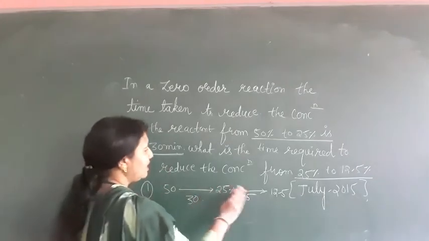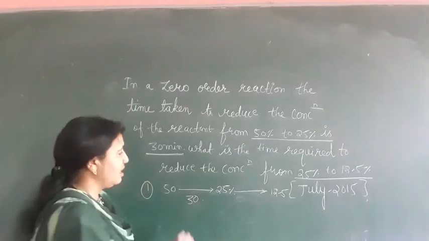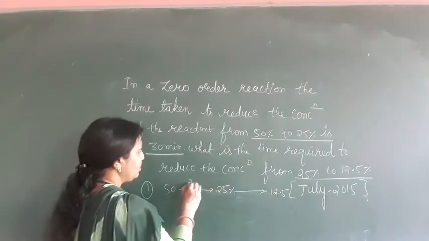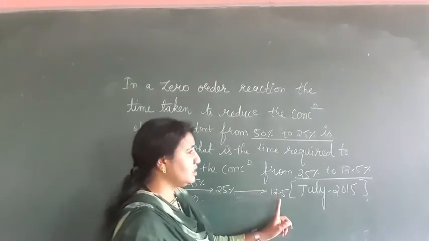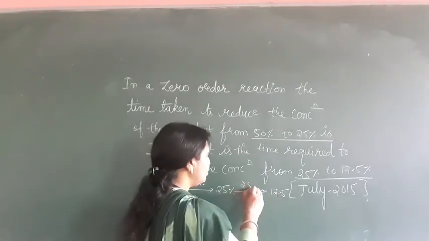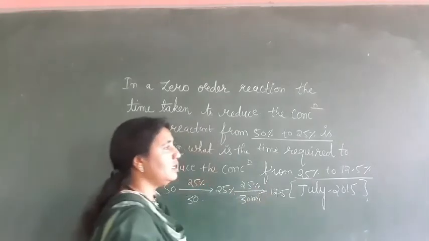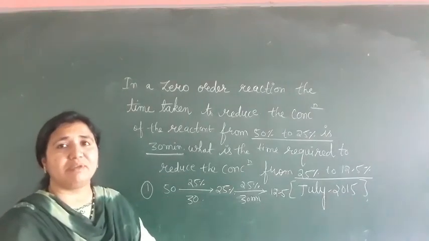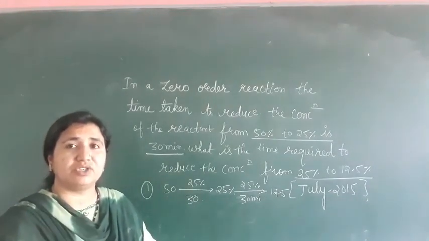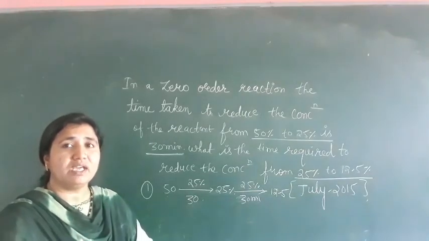Actually, if the concentration drop is the same, the time duration will also be the same. From 50 to 25%, it reduces by 25% in 30 minutes. Equal percentage drop in equal interval of time for a zero order reaction.